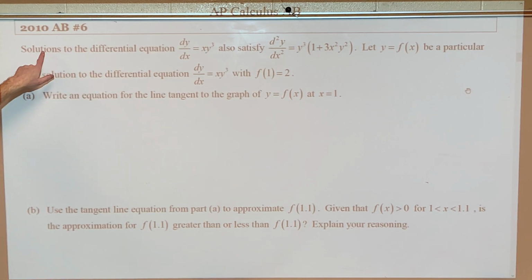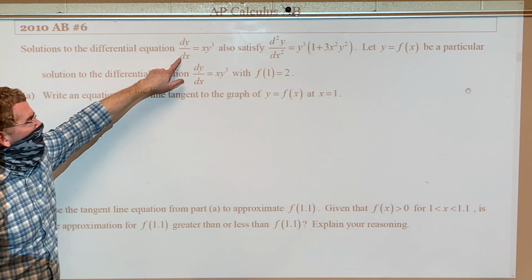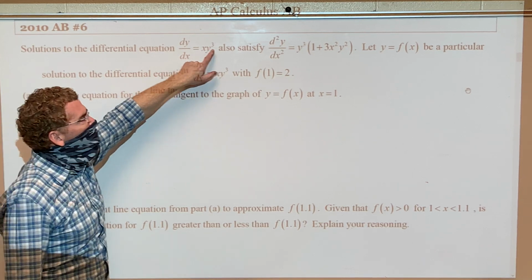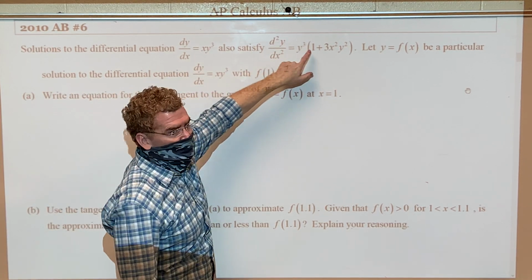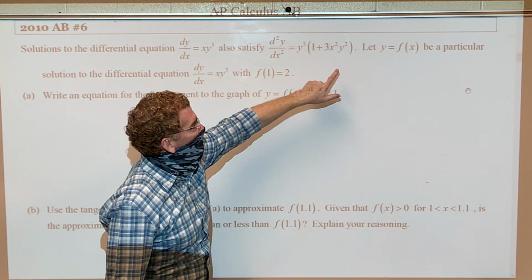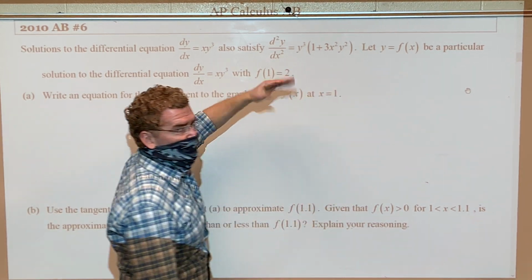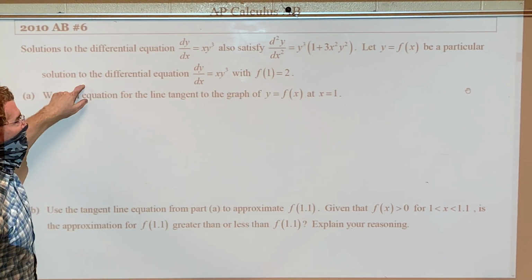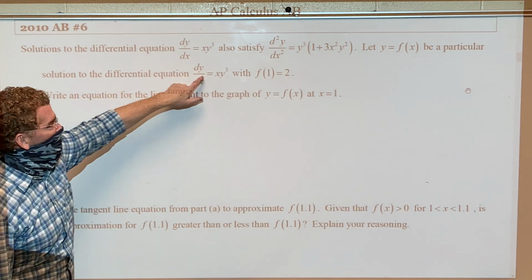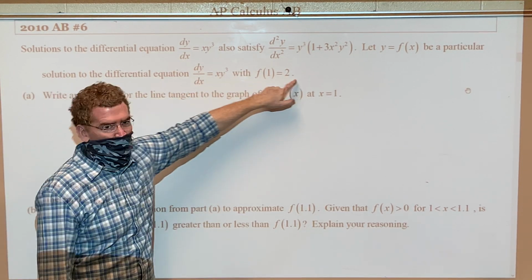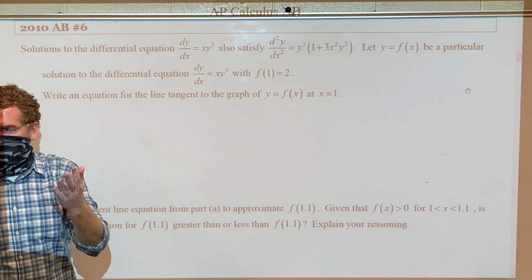It says solutions to that differential equation also satisfy this equation. Y is f of x. Let that be the particular solution to that differential equation at that point. Now, what did they basically give you?